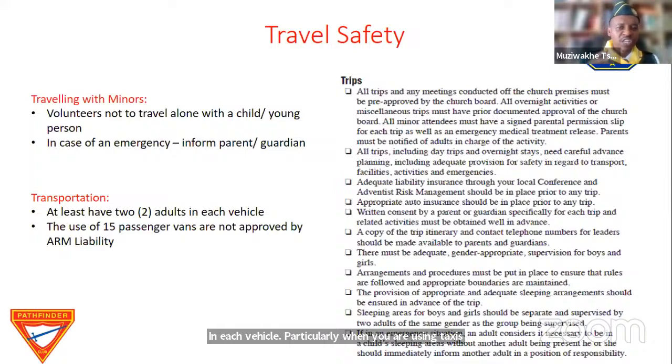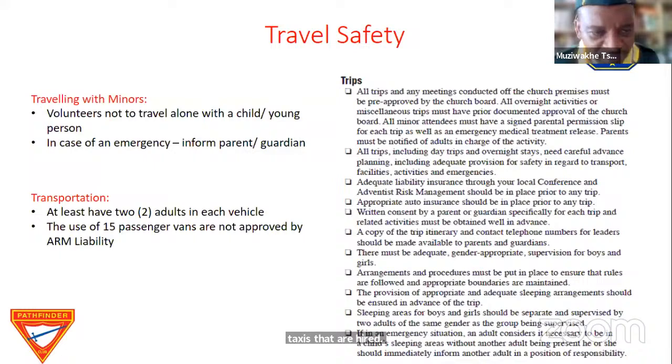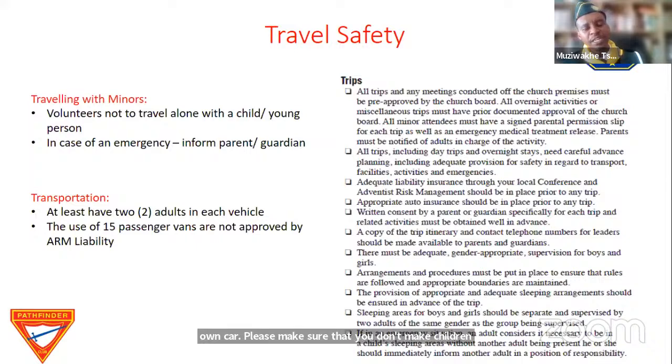Have a sufficient number of supervisors present also. Okay? If you're using a 15-seater, make sure at least there are 2 adults in the transport. I'm sure I'm very clear. So even if we have 2 taxis that are hired and there are some adults who want to travel in their own car, please make sure that you don't make children travel alone in a taxi, in a passenger vehicle.